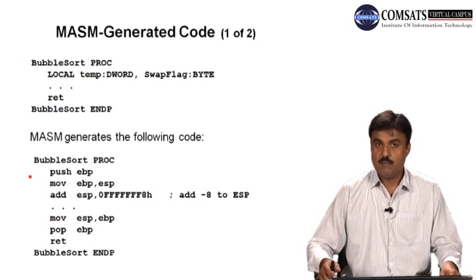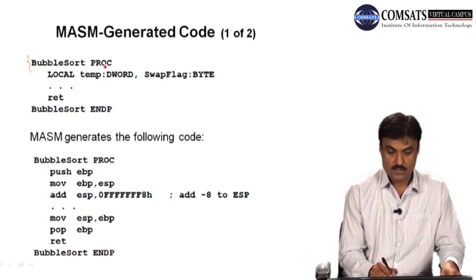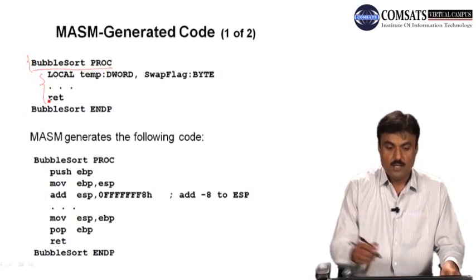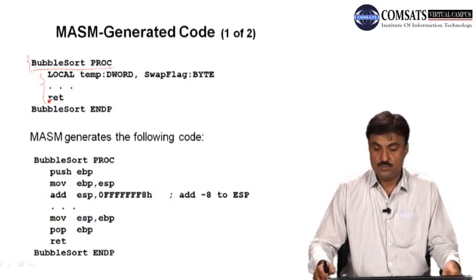So this is the MASM generated code when we use local variables. For example, the bubble sort procedure is here, and this bubble sort is followed by the local directive, and there are 2 variables. One is temp, double word type, and the second one is called swap flag, and this is of type byte.